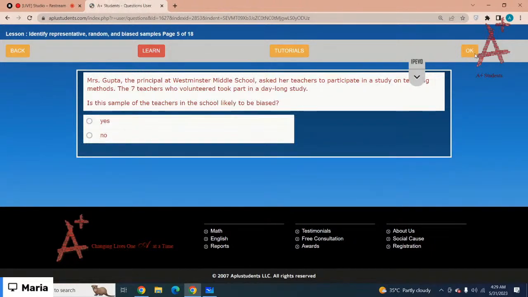Mrs. Gupta, the principal of Westminster Middle School, asked her teachers to participate in a study on teaching methods. The seven teachers who volunteered took part in a day long study. Is the given sample of the teachers in the school likely to be biased? So, which is the correct option?